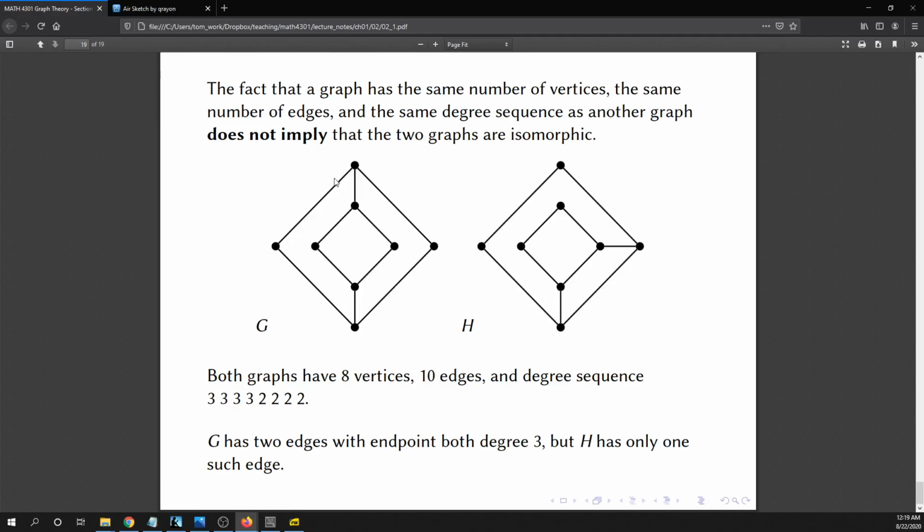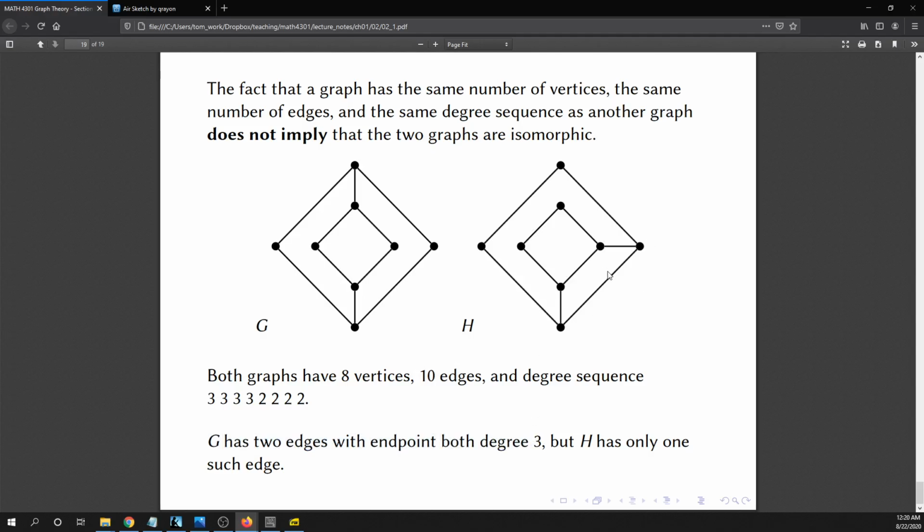If I look at this graph over here, and this edge in particular, this edge goes between 2 degree 3 vertices. So it goes between this one, degree 3, and this one's degree 3 over here. And then I've got another edge like that down here. This one is degree 3, this one is degree 3 here. So I have 2 different edges whose endpoints are both degree 3.